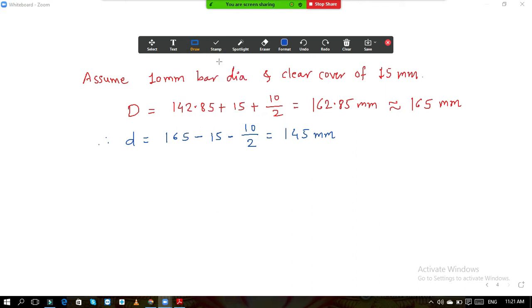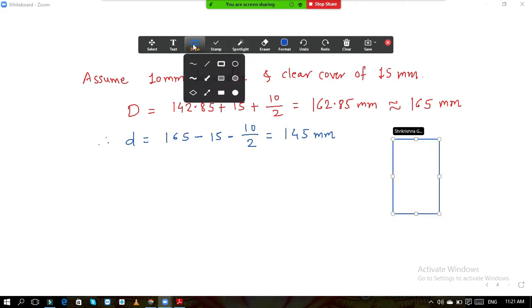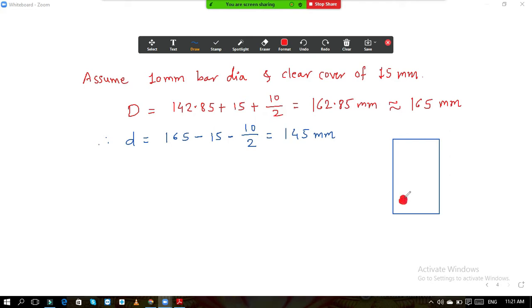Now if I draw the diagram, I will show you the elevation. Now the bars are provided here. Your reinforcement is provided, suppose somewhere here.